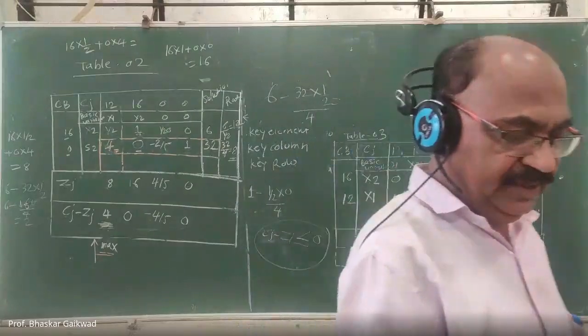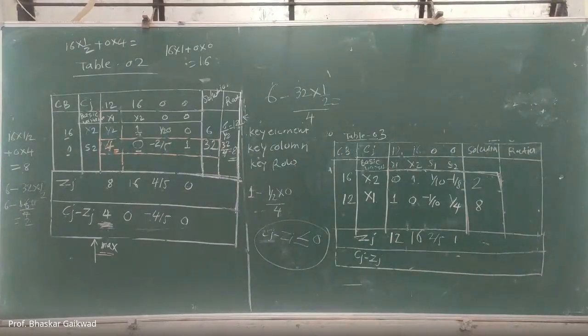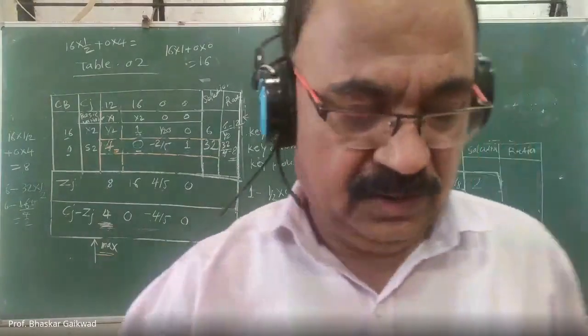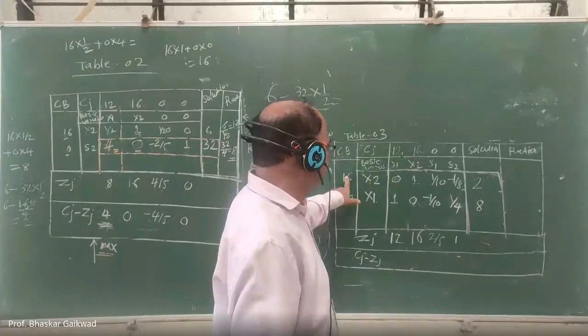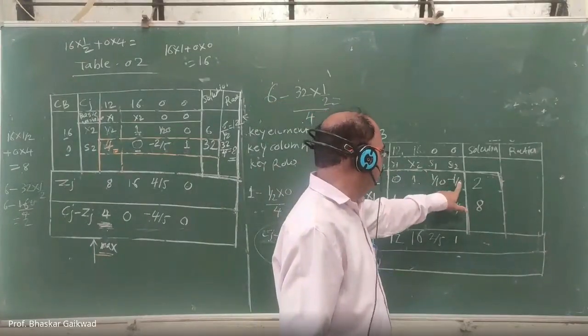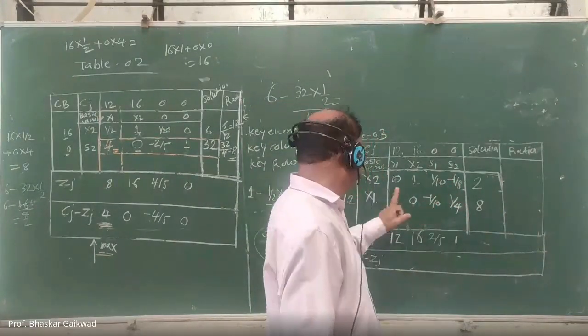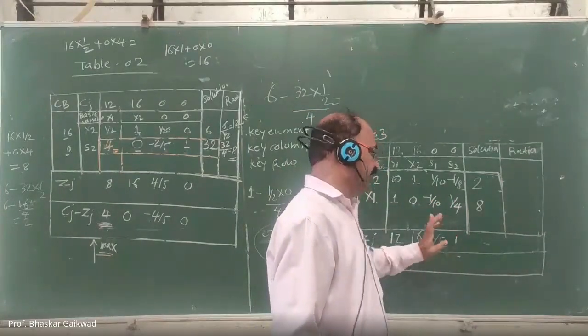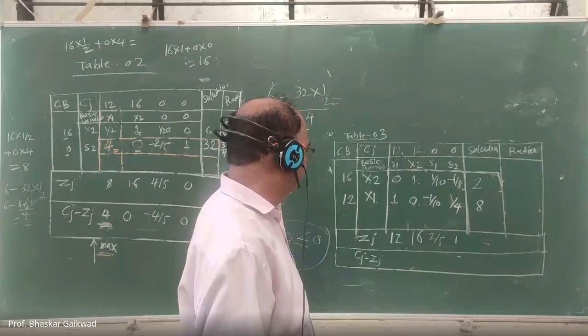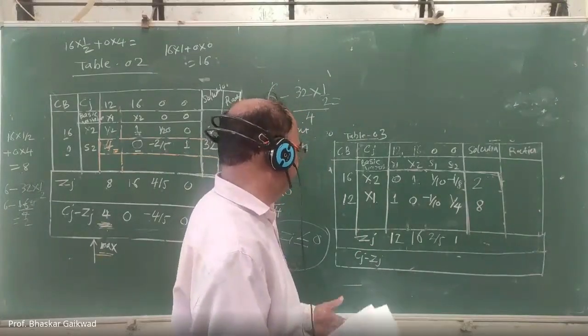Similarly, here we will get 1. 16 into minus 1 by 8 plus 12 into 1 by 4, the ultimate answer is 1. So this is our Zj.